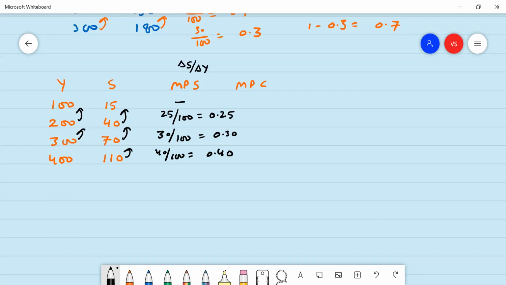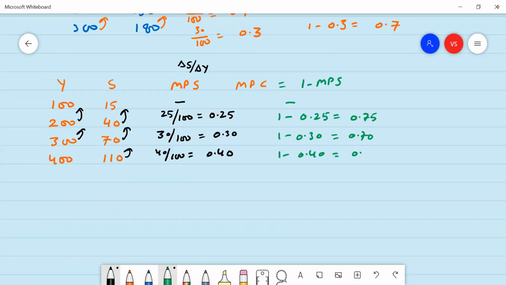Now for MPC, I told you the formula is 1 minus MPS. So first is dash, now 1 minus 0.25 means 0.75. Now 1 minus 0.30 means 0.70. 1 minus 0.40 is 0.60. So this is the solution for this question.